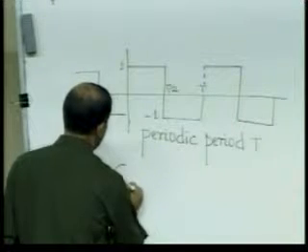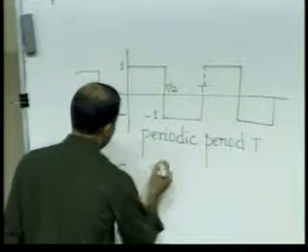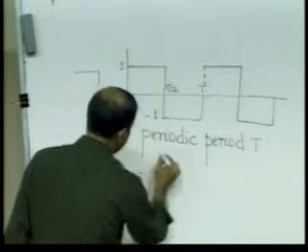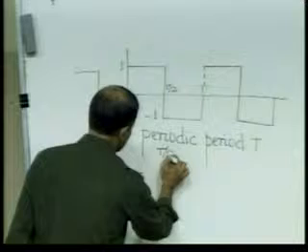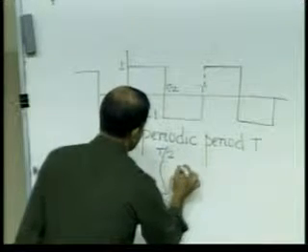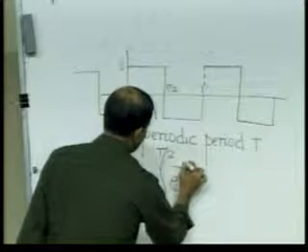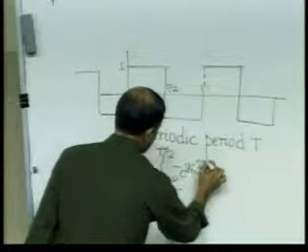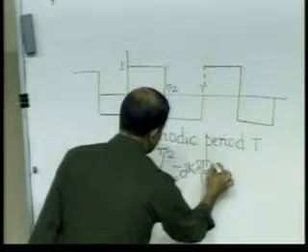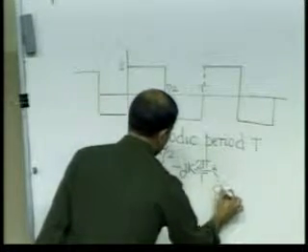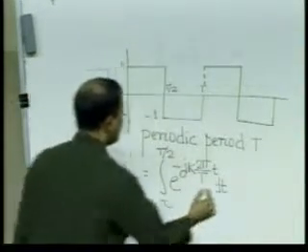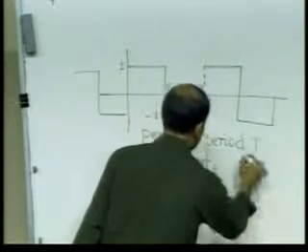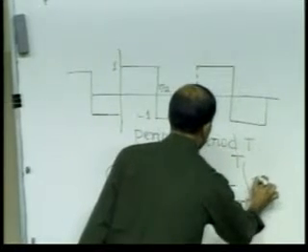We would take, in fact, let's write down the expression for the Fourier series coefficients. The coefficient C_k would be given by the integral from 0 to T by 2 of e raised to the power minus j k 2 pi by T times t dt, minus the integral from T by 2 to T of the same thing.